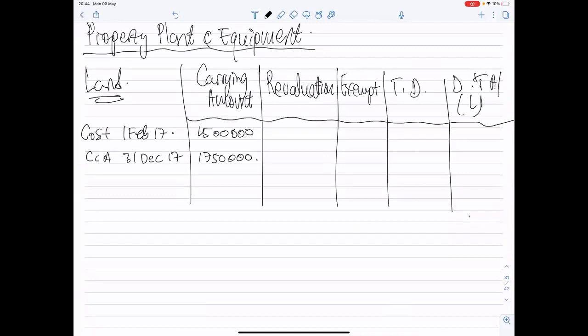So meaning that there was a revaluation in 2017 of 1,750 minus 1.5 million, 250,000 altogether. Then the amount that is exempt is 1.5.